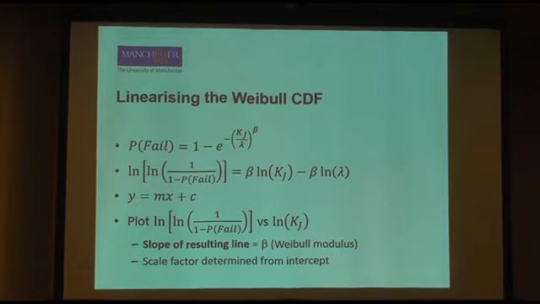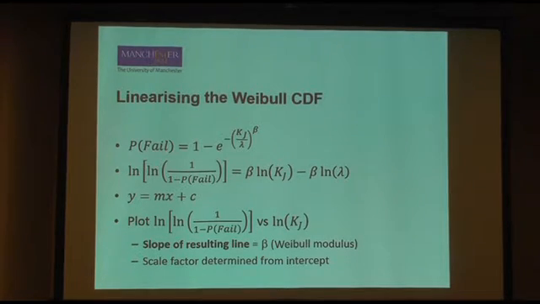The approach that we've taken with the Weibull distribution and our fitting of it is to use a graphical approach. The reason that we've done that, I'll discuss more later, but in order to use that graphical method, we need to first linearize the cumulative distribution function, and that can be done by taking the natural log of 1 over 1 minus the probability of failure.